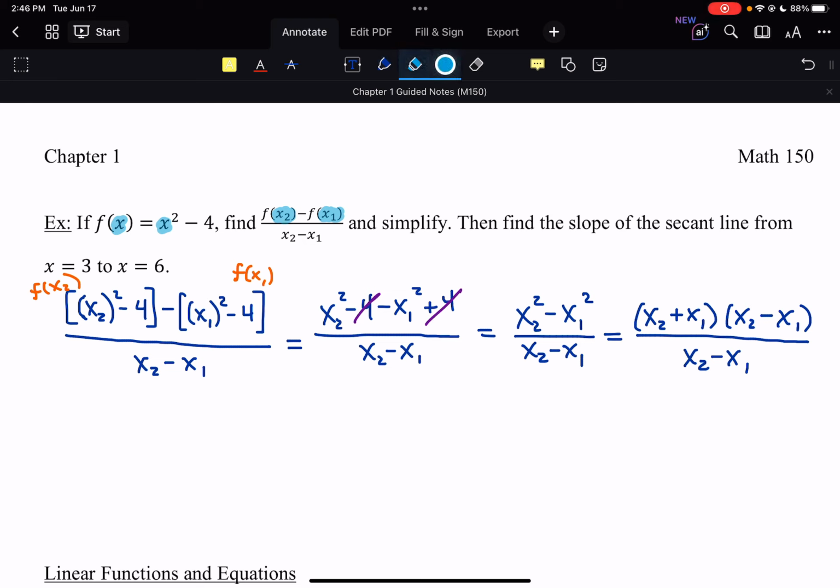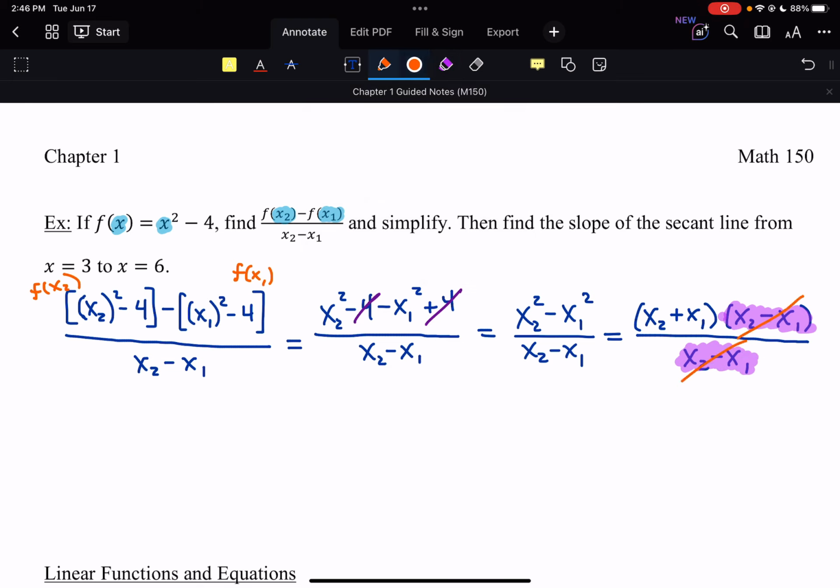And now we have a case that is similar to what we saw in an example in the previous section, where individually these can't cancel like this because of the addition and subtraction. But this is now a multiplication problem, right? You have this whole expression times this whole expression. So we can take this whole expression and cancel it with this whole expression.